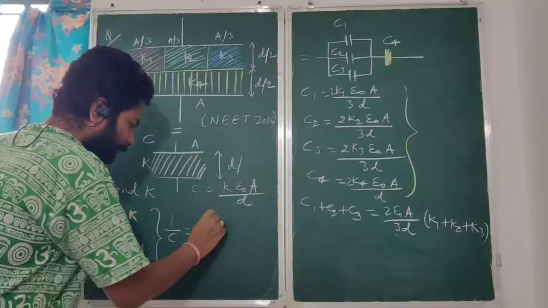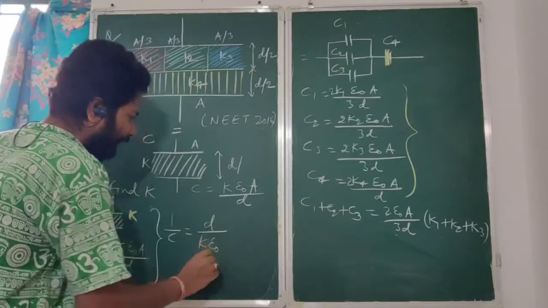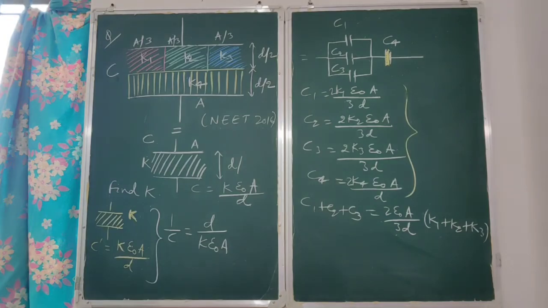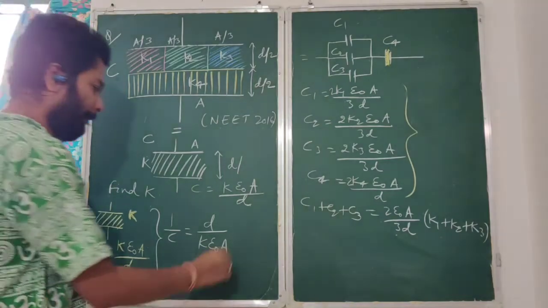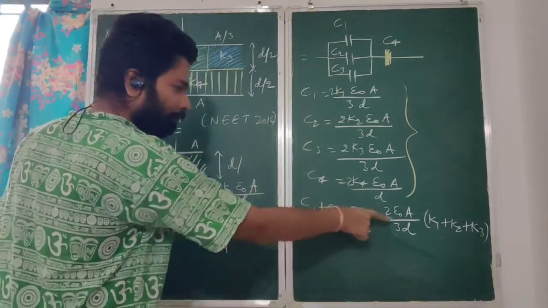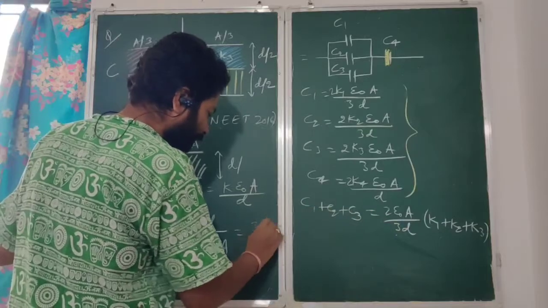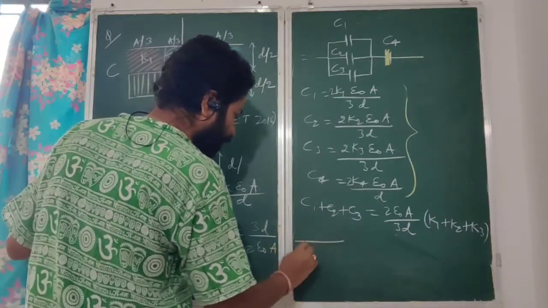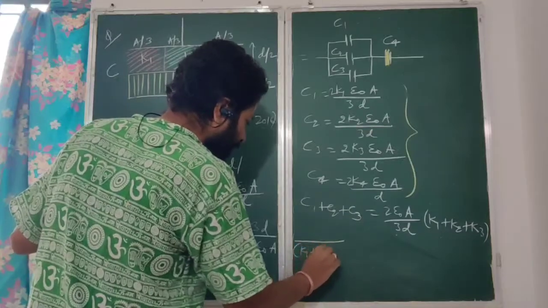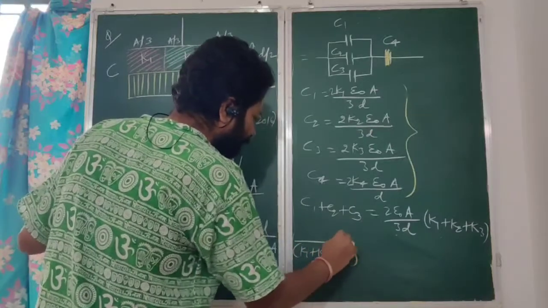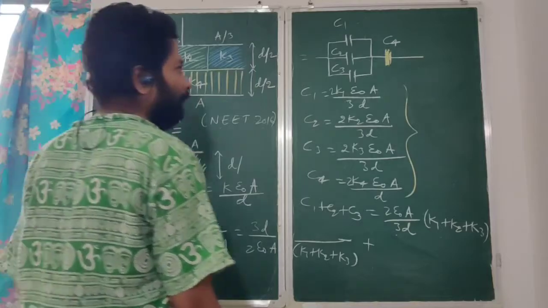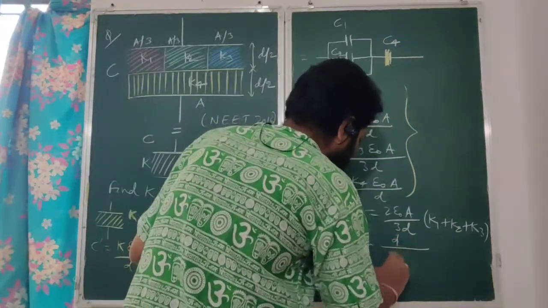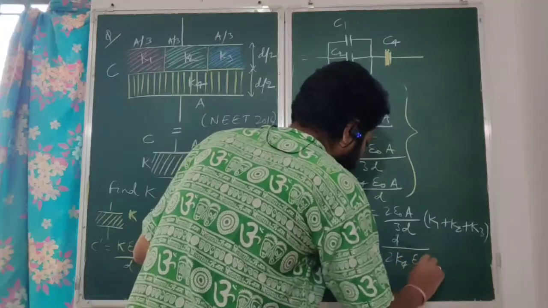So 1 by C becomes D by K times epsilon naught A, and that is equal to the inverse of this. So it is 3D by 2 epsilon naught A, in the denominator you are having K1 plus K2 plus K3, plus the inverse of C4, so that will be D by 2K4 epsilon naught A.